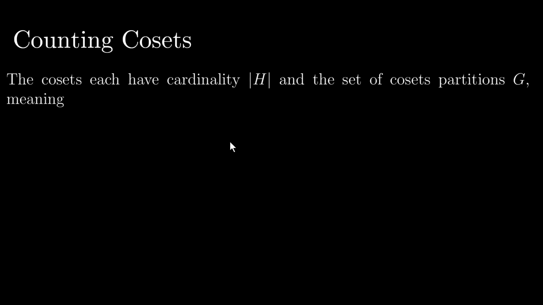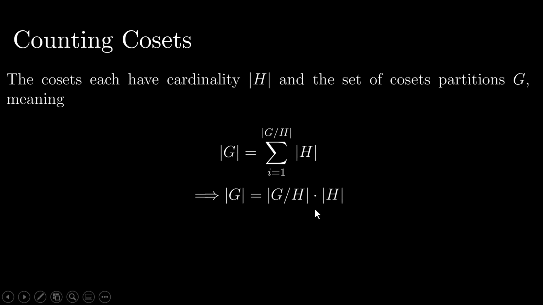Okay. The cosets each have cardinality of H, and the set of cosets partitions G. So their union is equal to G. So the number of elements is actually just the cardinality of G/H times the cardinality of H. So this is true.